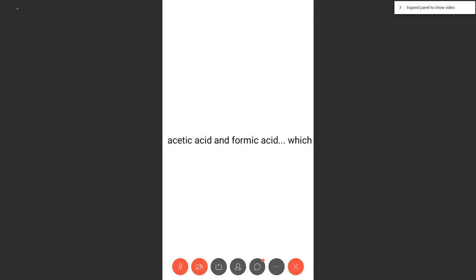So here we see the question: acetic acid and formic acid. The structure of formic acid is HCOOH. This is formic acid. And acetic acid is CH3COOH.